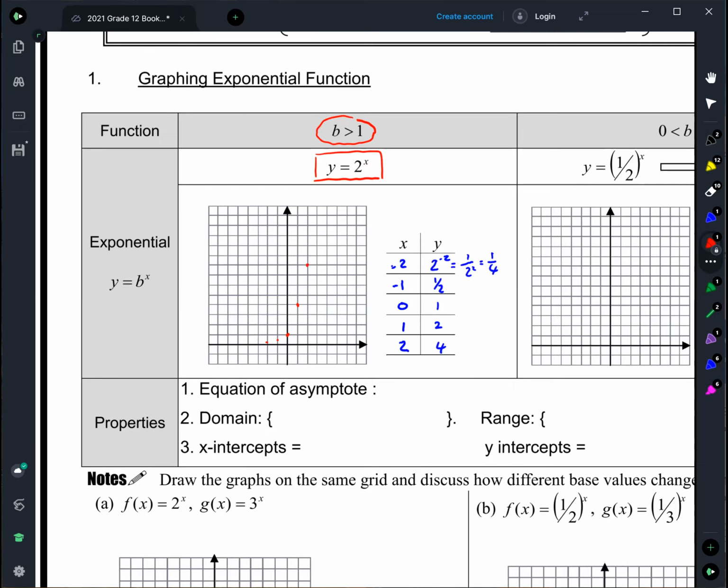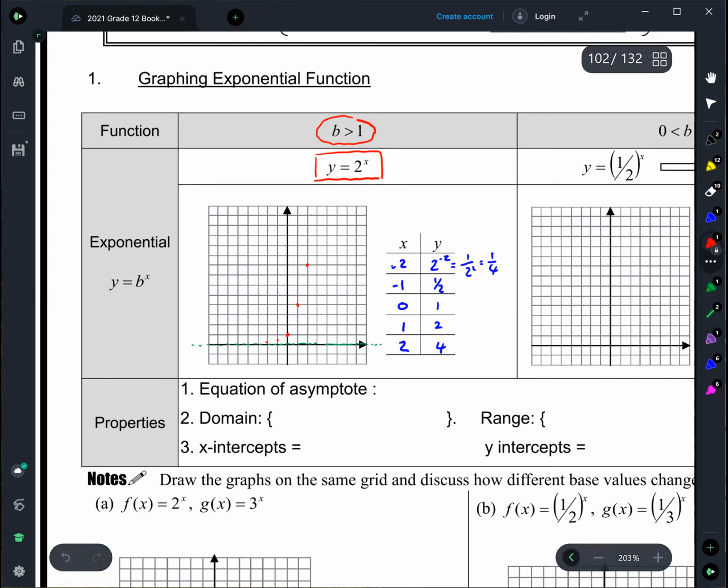And if you keep on going to the left, it's just going to get smaller and smaller, like 1/4, 1/8, so it's never going to reach 0. Therefore, we have an invisible wall, like over here. I'm using the green dot. It's an invisible wall that it's never going to cross.